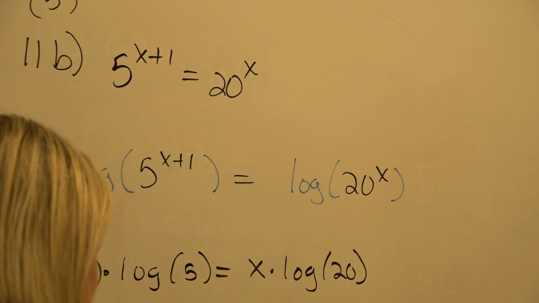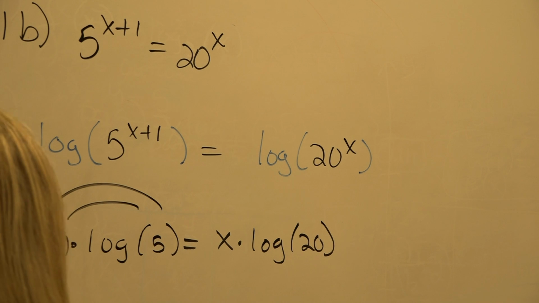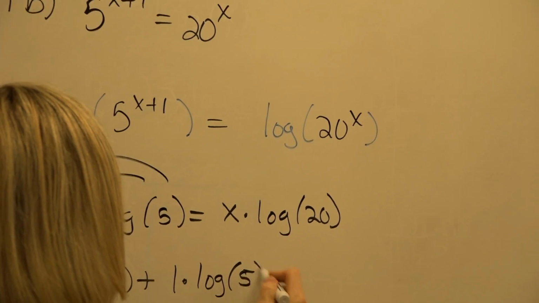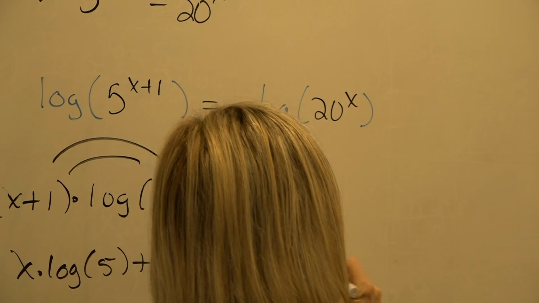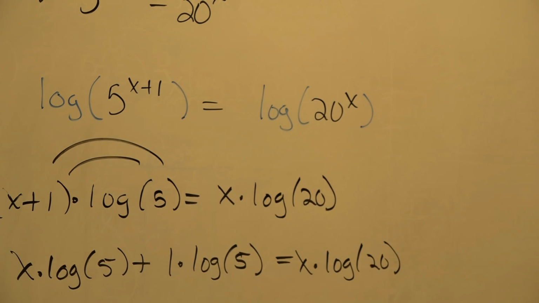Okay, so we have to distribute the log of 5 to each of those. So x times the log of 5 plus 1 times the log of 5 equals x times the log of 20. Now we want to get all the x's on the same side.